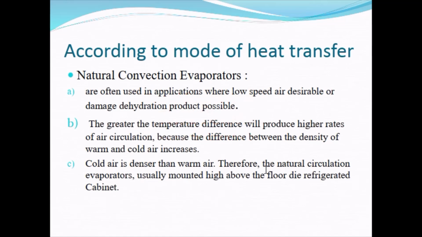The greater the temperature difference, the higher the rate of air circulation, because the difference between the density of warm and cold air increases. Cold air is denser than warm air. Therefore, the natural circulation evaporator is usually mounted high above the floor, like in a refrigerated cabinet.